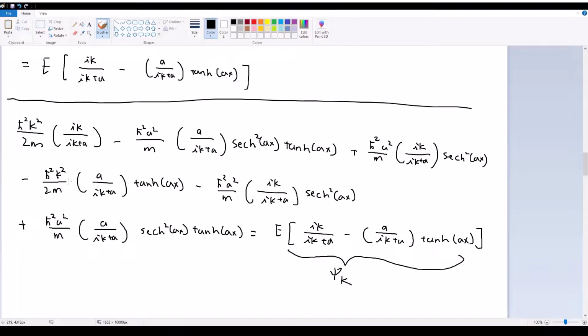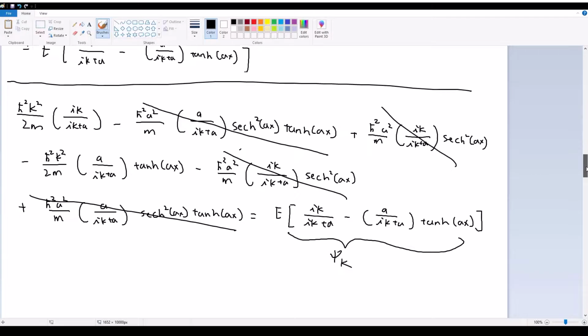So if we do that, thankfully, I see that there's some stuff that we can cancel, because we have an h bar squared a squared over m, ik over ik plus a, hyperbolic secant square term that we cancel out immediately. Over here, similarly, there's another term that we can cancel out, the h bar squared a squared over m times a over ik plus a, hyperbolic secant squared times tangent hyperbolic. So what we're left with are two terms, which is significantly easier to work with.